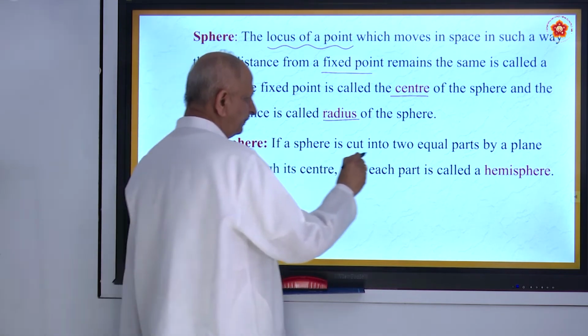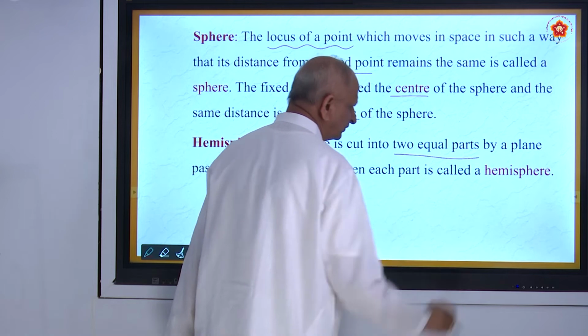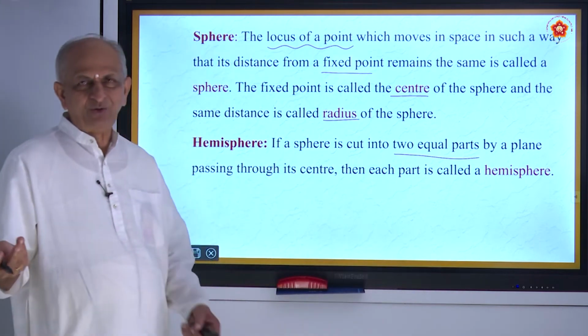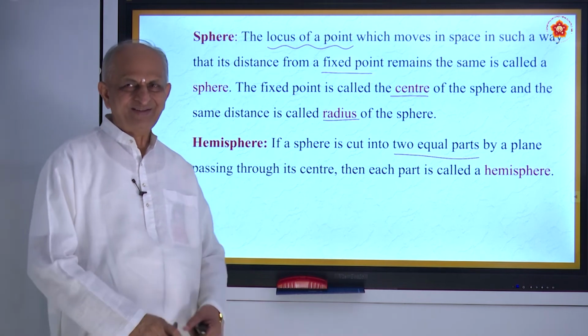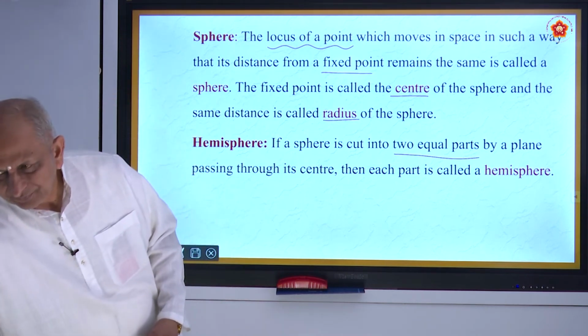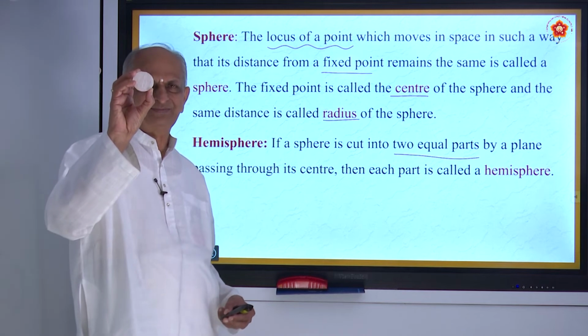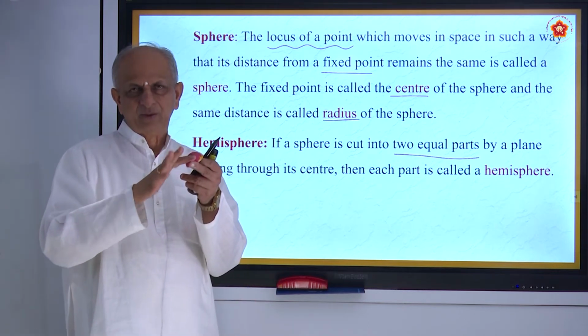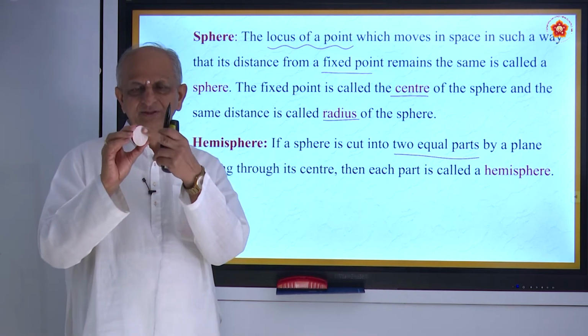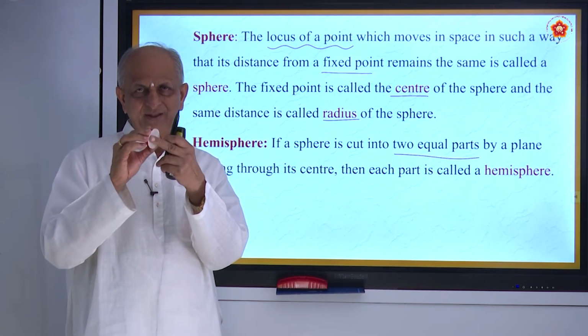So if a sphere is cut into 2 equal parts, you might have seen how the tennis ball is cut, is it not? You get what is called a hemisphere. So here is one small hemisphere. In the hemisphere, this is called the curved surface, and this is called the base.